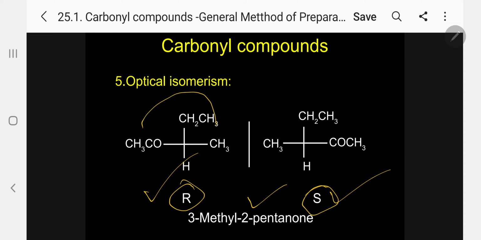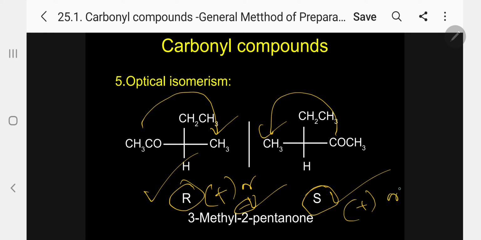Kindly follow. This is R, this is S. R may be plus or minus. Same way, S may be plus or minus. If R is plus, S will be minus. If R is minus, S will be plus. This is the only thing you have to remember. The theoretical configuration R and S can be predicted theoretically. Plus and minus we cannot predict theoretically, we can measure only experimentally.